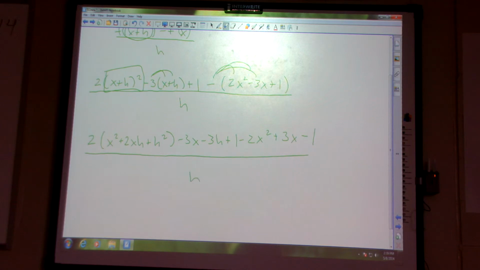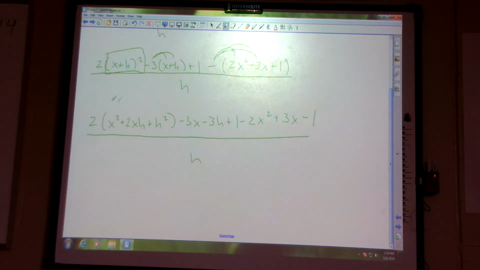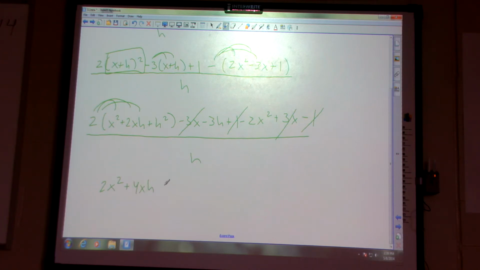All over h. Let's distribute again. I should save ourselves a little time. 1's already canceled. 3x is already canceled. So I have 2x squared plus 4xh. A lot of people miss that. Plus 2h squared minus 3h minus 2x squared all over h.